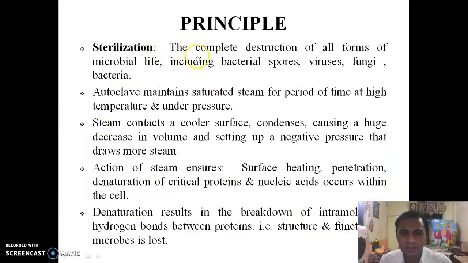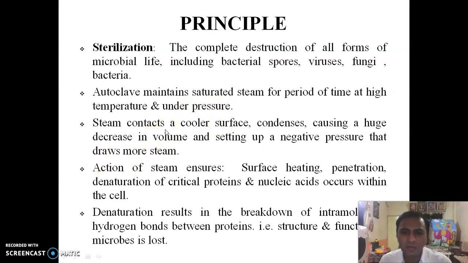Principle: sterilization means the complete destruction of all forms of microbial life including bacterial spores, viruses, fungi, bacteria. Autoclave maintains saturated steam for a period of time at high temperature and under pressure.